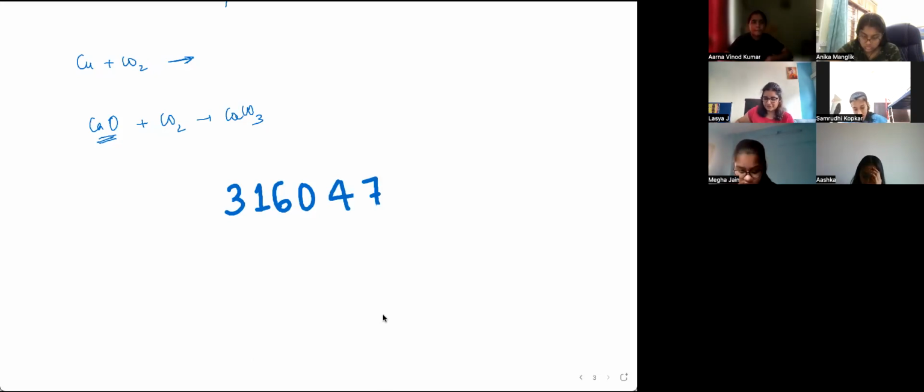We have Ishita, Ashka, Srijat, Samriti, Akrima, Mika, Anika, Gautam.